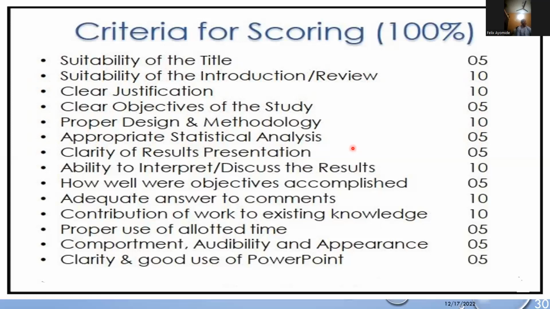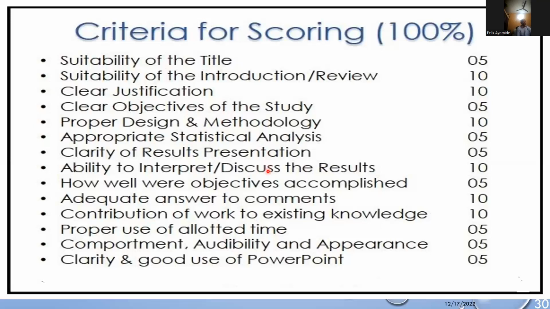Now, there are some areas of your presentation where you may need to consult the relevant experts. You may not necessarily know everything. If you are to present your research work, and there are some areas you need to analyze, you need to seek the help of an expert in telling you the best way to analyze your samples, the clarity of the result, how you were able to present it, and your ability to interpret and discuss the results, okay?